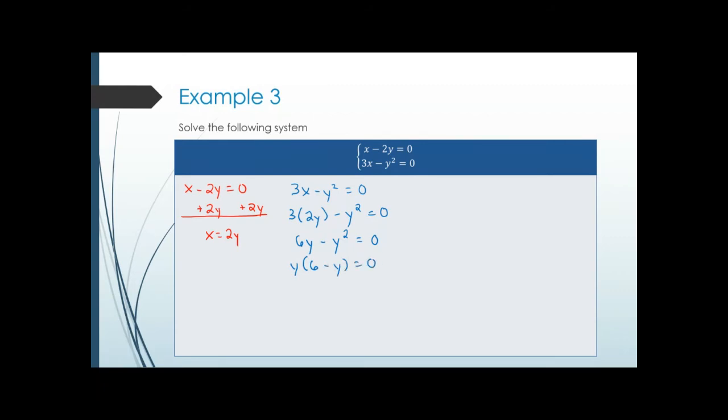And then even though it's y instead of x, you can still solve by setting each of those equal to 0. So y equals 0 and 6 minus y equals 0. And for the second equation, if I add y to both sides, that gives me 6 equals y. So now I have y equals 0 and y equals 6.